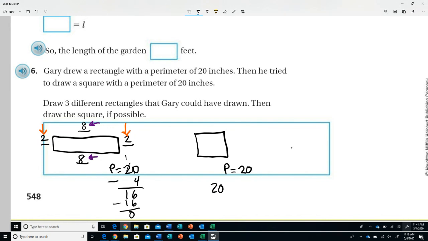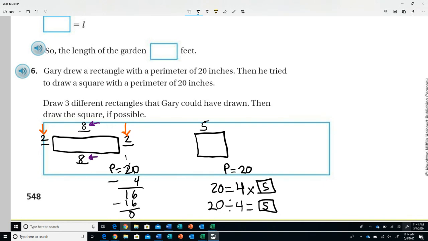If I do the multiplication route, I know my answer has to be 20, I know there are 4 sides on the square, and I'm simply missing the number that goes here. Similarly, if you said, I know I have 20, and 20 divided by 4 will give me the answer I'm looking for. Either way, these are both 5, and your square would have a side length of 5, and it is possible.